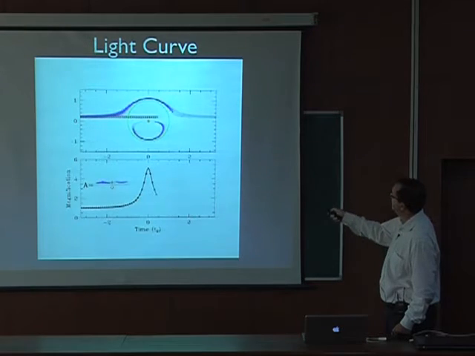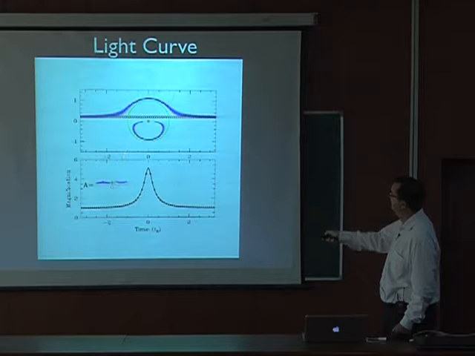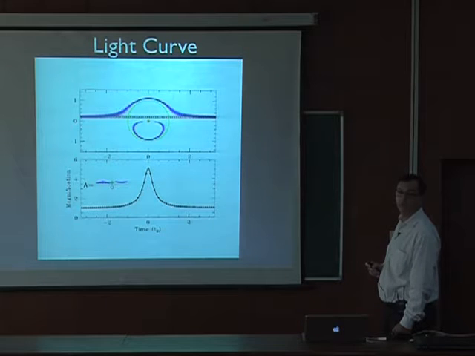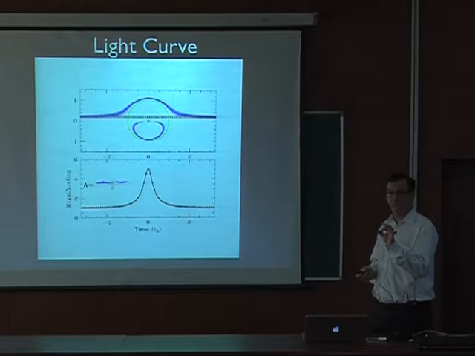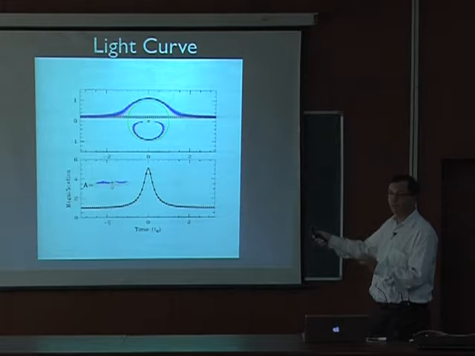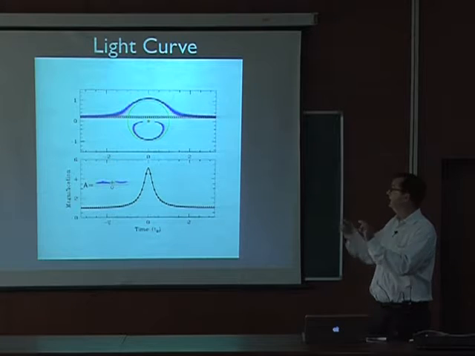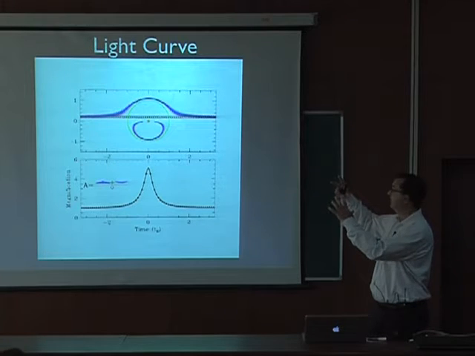And you see that we get these two images, and you can add the fluxes of the two images. So this will be the fluxes of the two images together, and you get this curve. It turns out that in microlensing, the stars are very small, so they're not resolved, and we cannot resolve the two images. All we can see is an average flux over the entire surface.